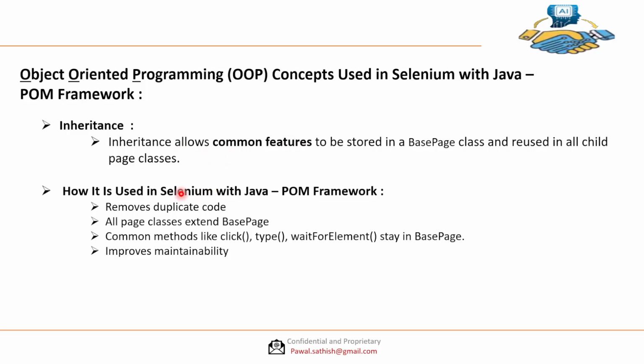The basic use of inheritance here is that we remove the duplicate code, and all page classes extend the base page. Common methods like click, type, and wait for element will all be defined in the base page. When we develop a new class file, we'll just extend this base page. So it improves maintainability.